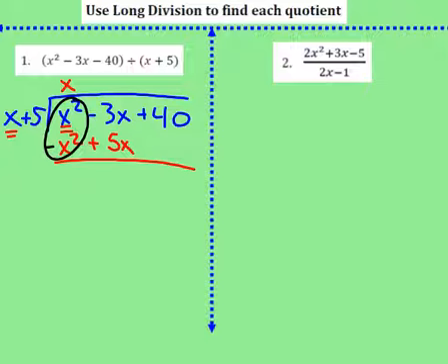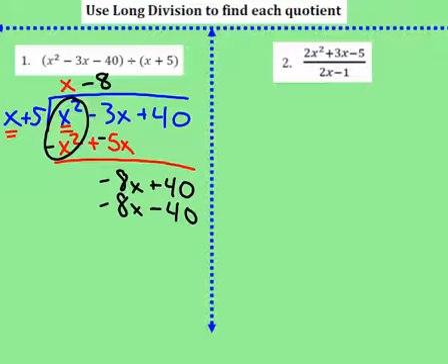This goes to 0. When you subtract this, negative 3 and negative 5 is going to be negative 8x plus 40. So then you make this a negative 8. So 8 and x is going to be negative 8x minus 40. I only made one mistake here.